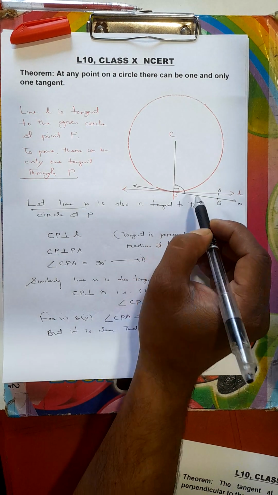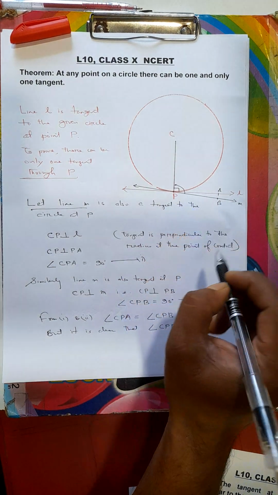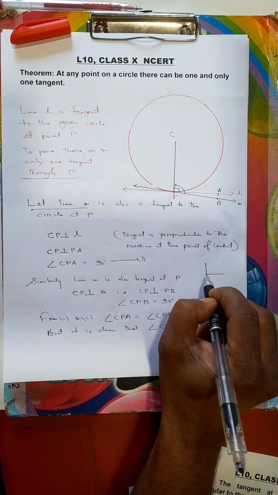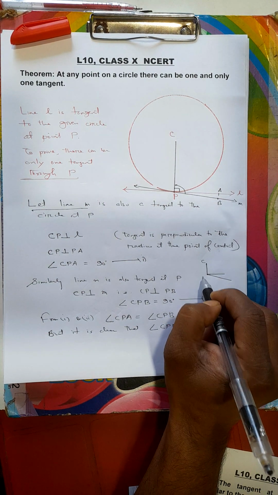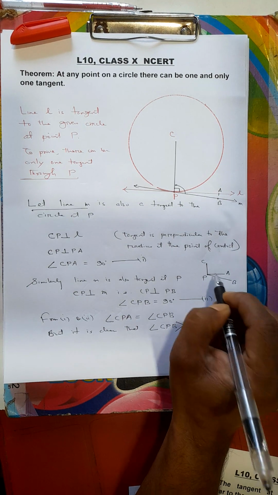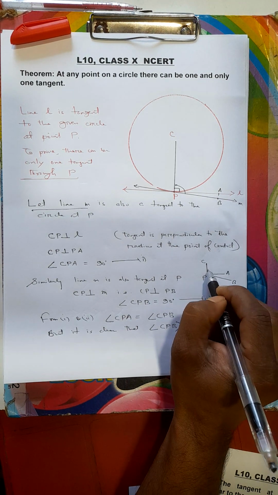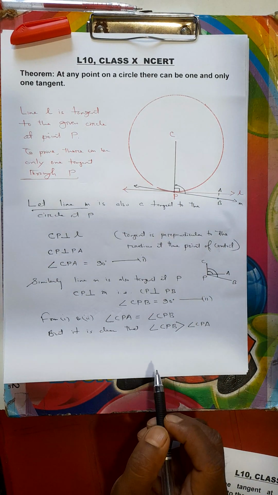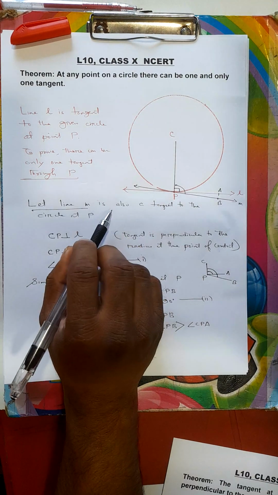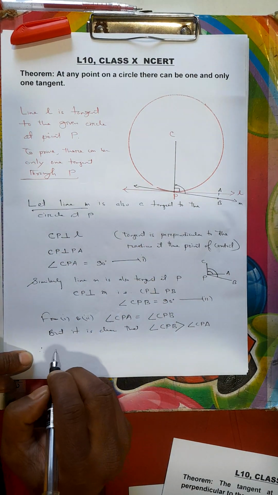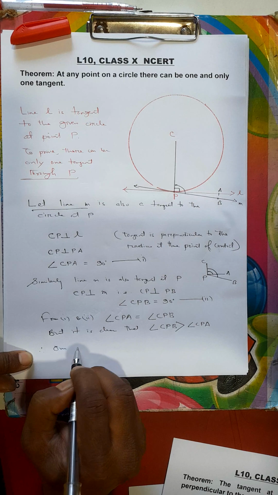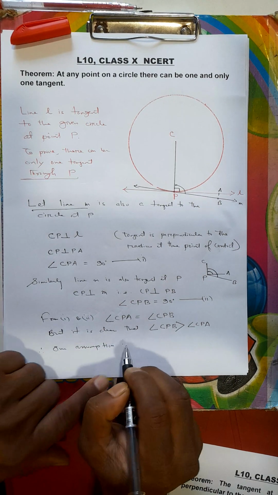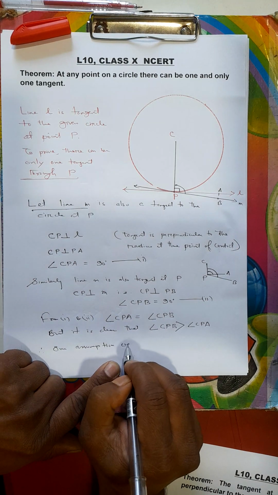It is clear. These two are distinct lines, so these two angles cannot be equal. C, P, A, B. So this angle is smaller than this angle, right? CPB is greater than CPA. So our assumption is incorrect. Therefore, our assumption was wrong.